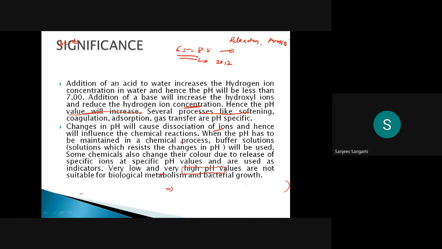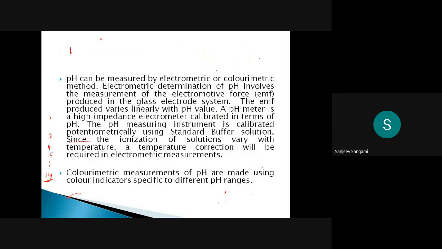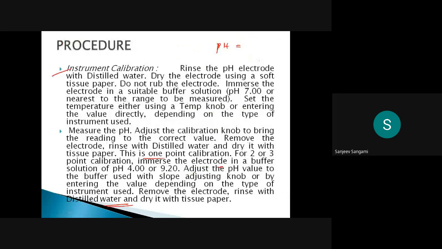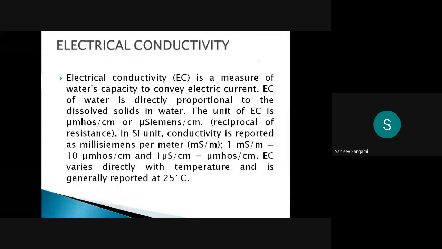The permissible limit has been removed in the 2012 code, but in 1991, the permissible limit up to 9 was there. Up to 9, it is permissible. Then how exactly we have to do the calibration, that also we have seen.